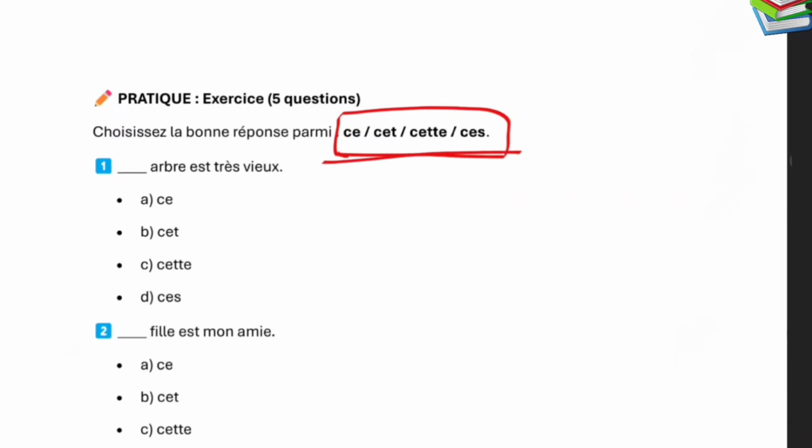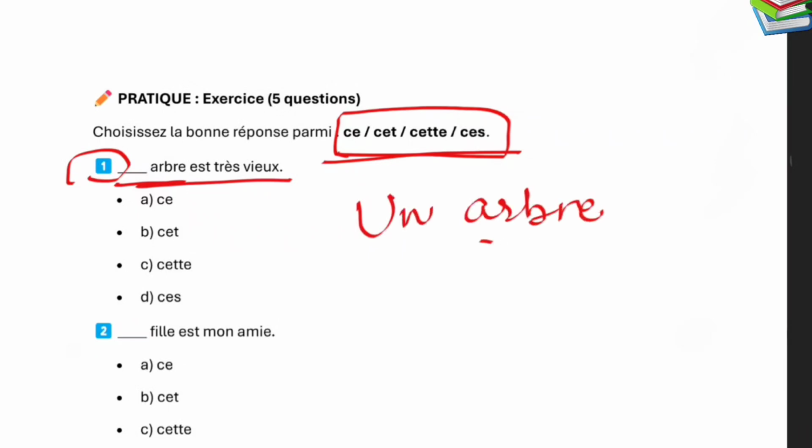Okay. Now take this example. First one. Cet arbre est très vieux. Now you know we call it un arbre. Un arbre means arbre is masculine. Okay. So if I told you that if something is masculine, we will use ce. And if something is masculine but starts with a vowel, we will use cet. In this case, it is masculine but it starts with a vowel.